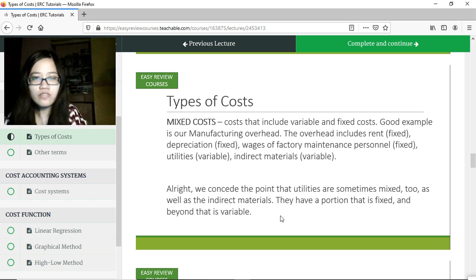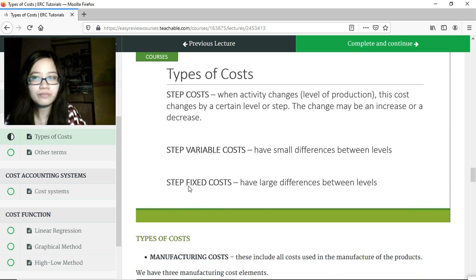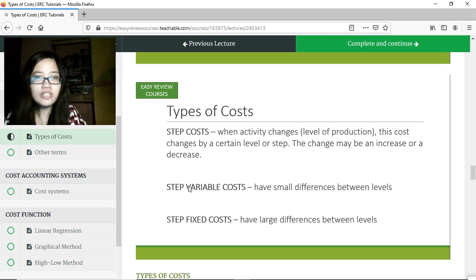They have a portion that is fixed and beyond that is variable, okay? So, depende din dun sa nature talaga ng production process, dun sa product, kung paano siya pinoproduce, okay? So, you have to take into account the production process for you to identify or determine kung ito ba ay mixed cost, and then dun sa mixed cost, aling portion yung fixed, aling portion yung variable. Alright? Next, we have step cost.